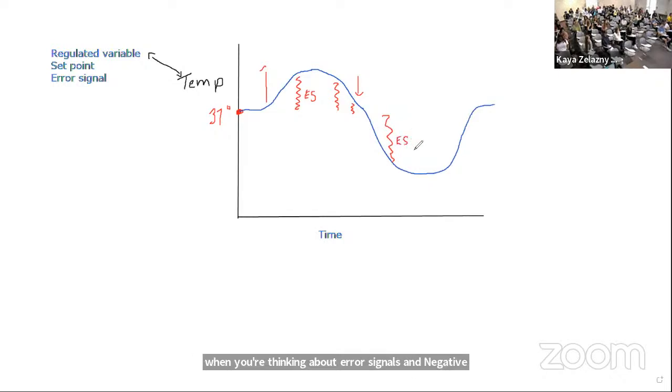So we still have an error signal, and eventually, as we're pulling back up towards the set point, it would get smaller until there isn't one. So we have a change in one direction, going lower, and a change in the opposite direction back to the set point. So this is still negative feedback. It has to do with the direction of those changes being opposite to each other rather than the numbers that we're talking about. And the set point was that 37.